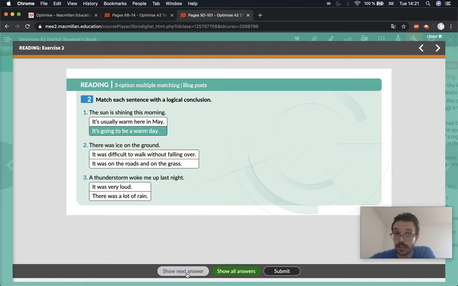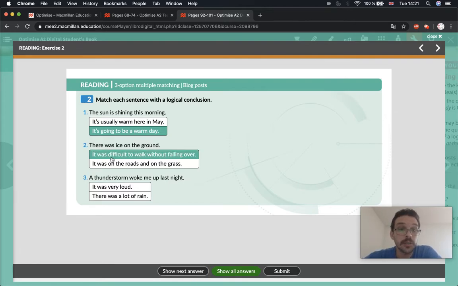Well, if there's ice on the ground, then it will be difficult to walk without falling over. So that sentence follows on logically from the first one. There was ice on the ground. It was difficult to walk without falling over.